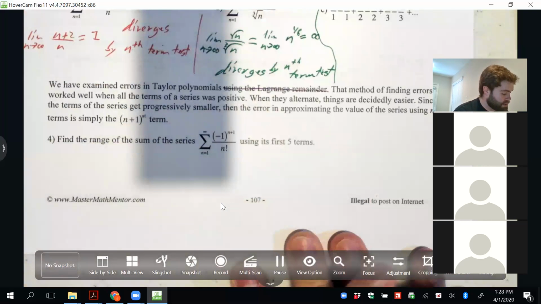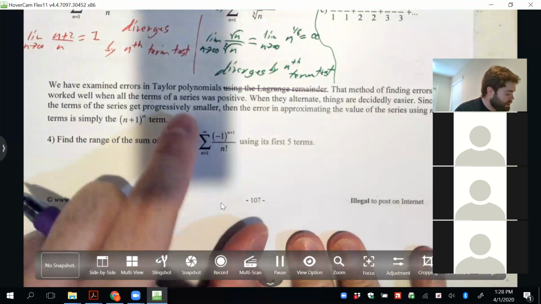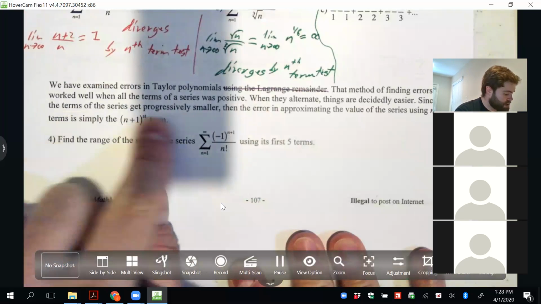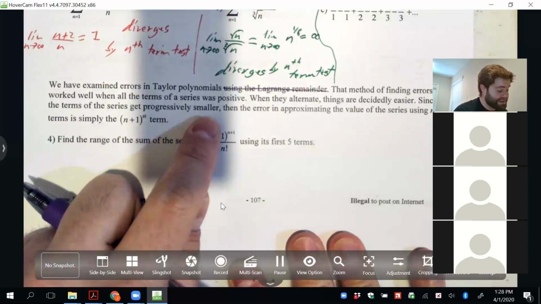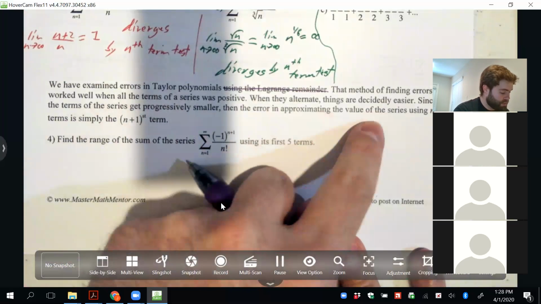Okay, but when finding the remainders in these series, it's a lot easier than what we'll do later on. When they alternate, it's way easier.